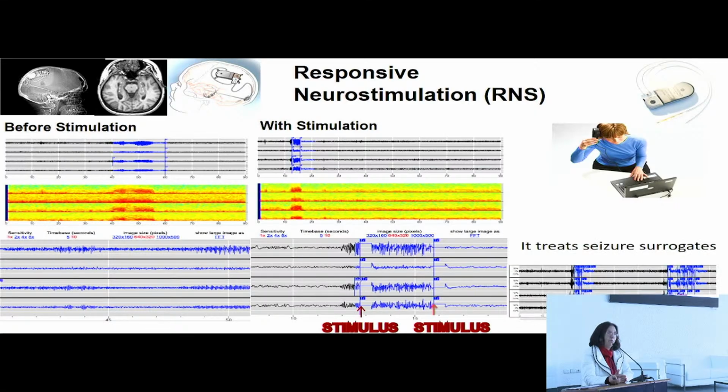How it actually works is that it treats many times a day these bursts that look like the onset of a seizure. You never know whether this would have become a seizure or not. However, this probably modulates the underlying cortical tissue, so that the likelihood of having seizures becomes much lower. So it actually treats the surrogate. Sometimes it does abort the seizure as it does here, but that's not the most common thing.